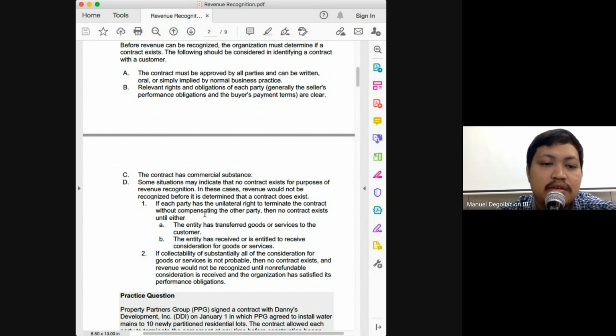Very important considerations here. Okay, so again, the first step is to identify the contract. So in that step, it may result in the conclusion that no contract exists if any of the parties can simply back out of the contract, or the collectability of almost all of the consideration is not probable. Okay, because if you will not be receiving anything from the contract, then there's no contract to speak of.